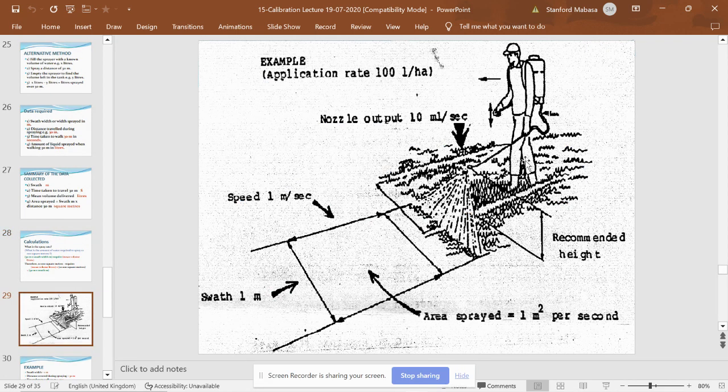So this is someone spraying. This is the swath, and this is the distance.